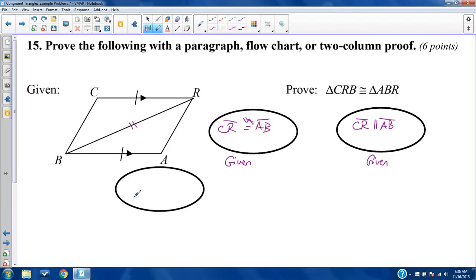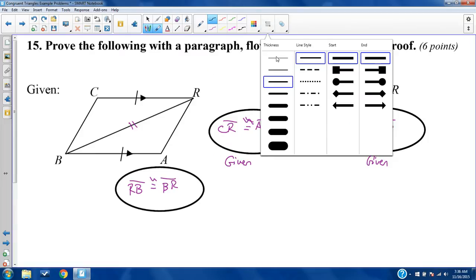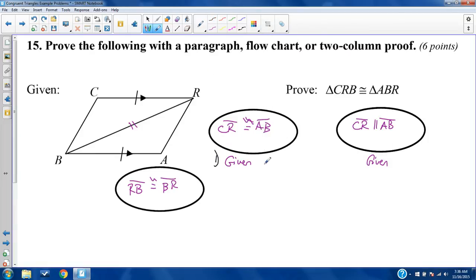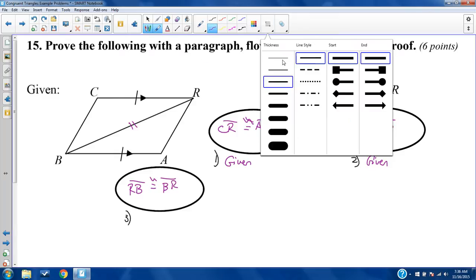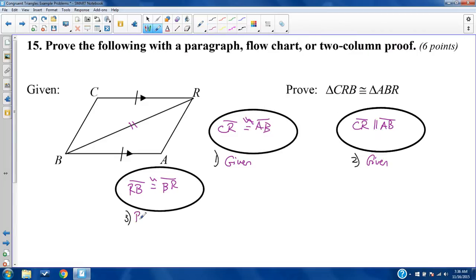If you can't, you create it as brand new. In other words, this will not connect to any of my other statements in this flowchart. If I number these, this was number 1, 2, I'm just going to call this one 3, reflexive property. I could have actually done something else before that, but I want you to see that so far nothing's connecting to anything else.